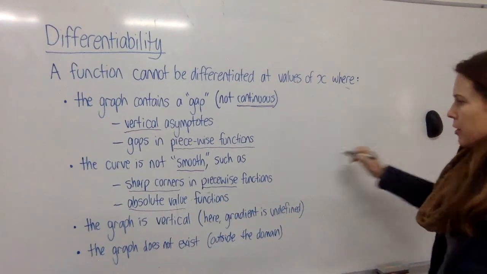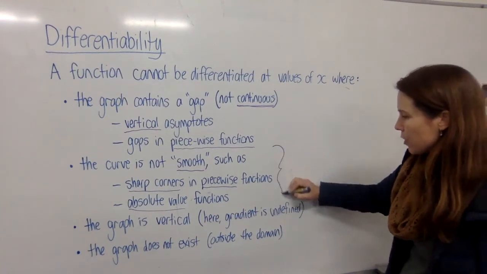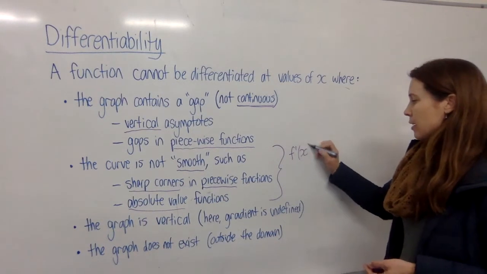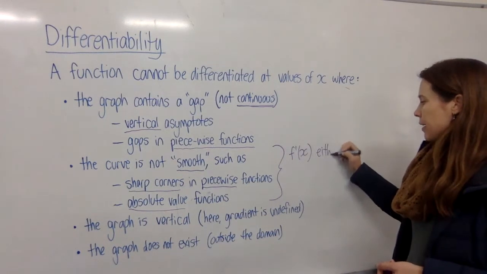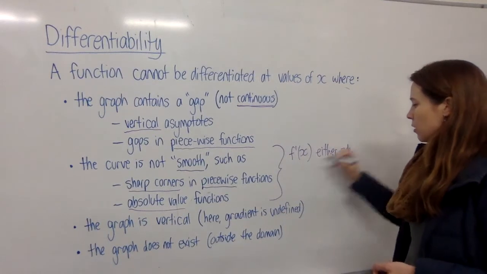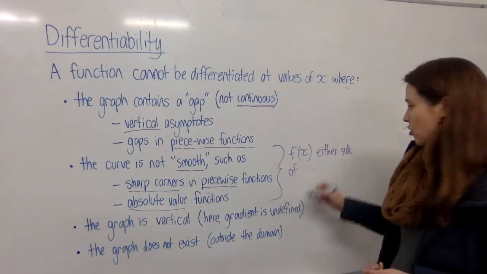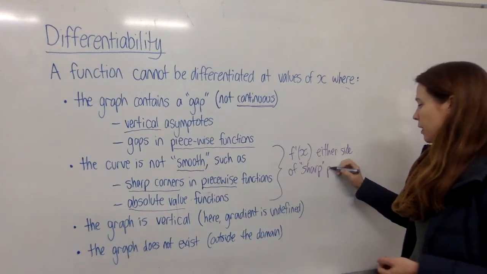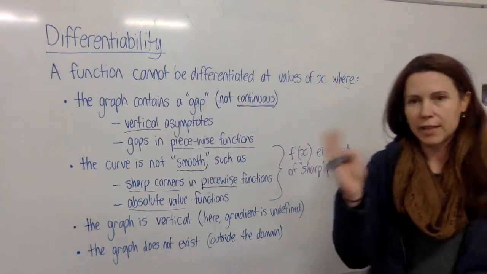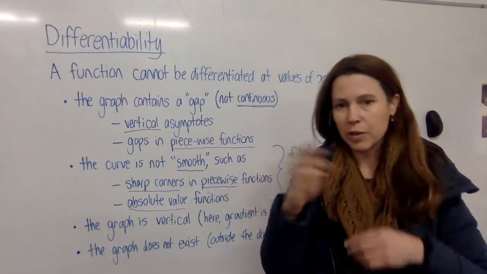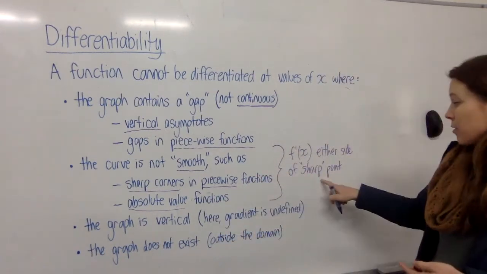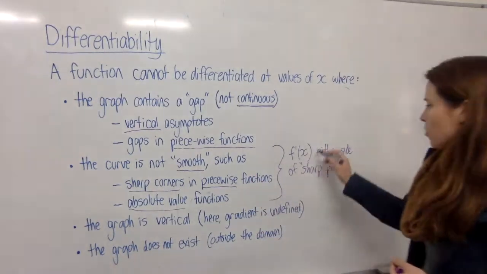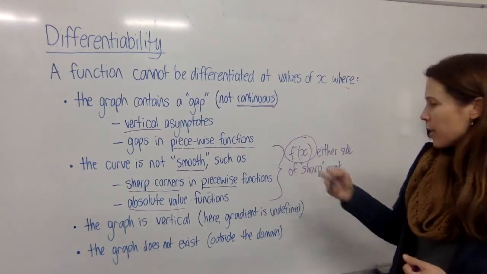Well, the way that we test for it is we actually just check f dash x on either side of any potential sharp point, and if it's actually the same on both sides, then we know that we don't really have a sharp corner. So we're not just going to look at it and say, oh, is it sharp or not? We're going to actually do a mathematical test on it, and I'll show you that in a moment with a piecewise function.